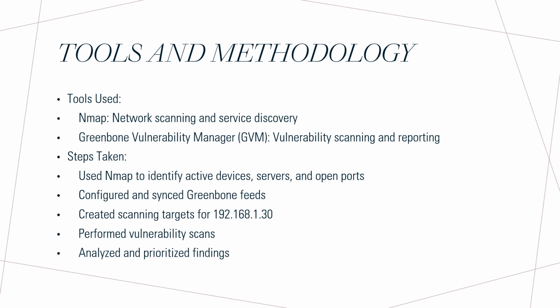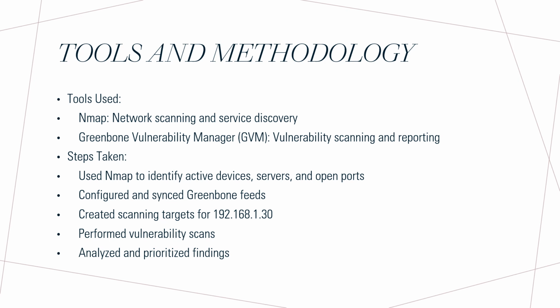The assessment involved two key tools, Nmap and Greenbone Vulnerability Manager. Nmap was first used to scan the network and identify active devices, servers, and open ports. This helped determine the service exposure and provided input for further analysis.